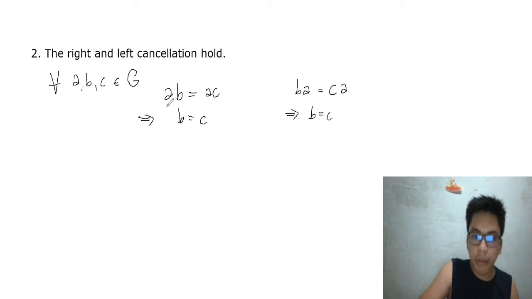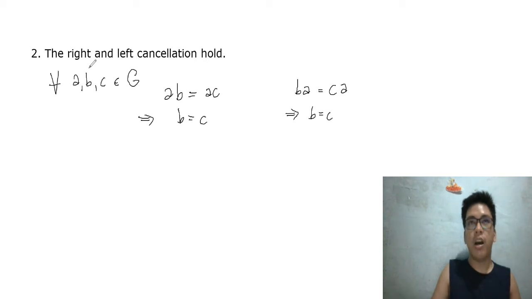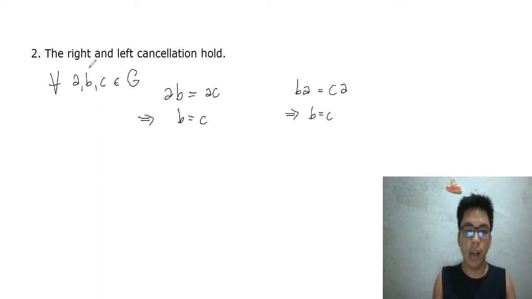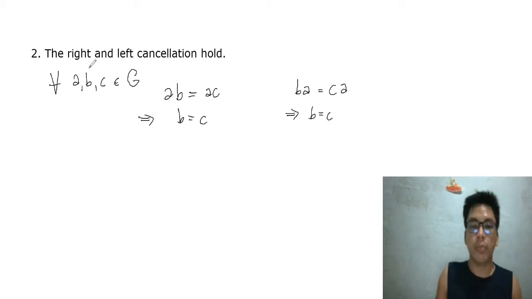That means from the left of this pair, if you cancel the left, you get this one. If you cancel the right, you get this one. This is just a basic claim that plays a fundamental role in studying further group theory. So this is one of the properties in group theory that we have to encounter and remember.